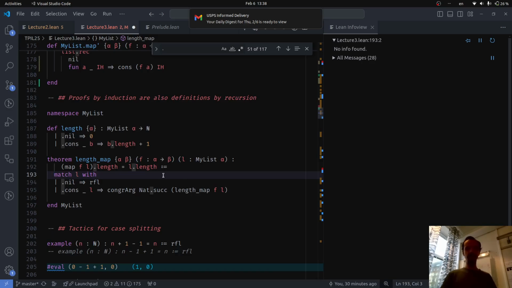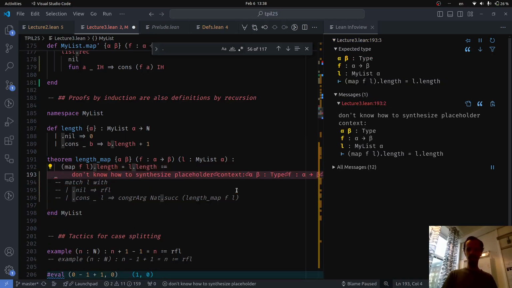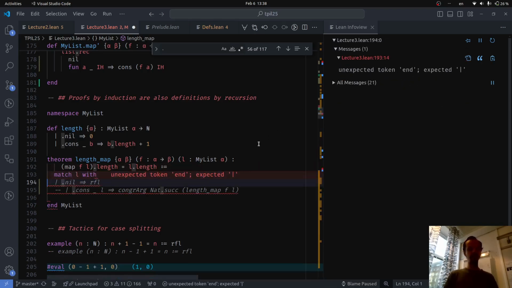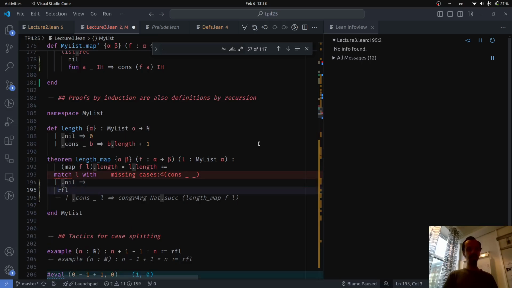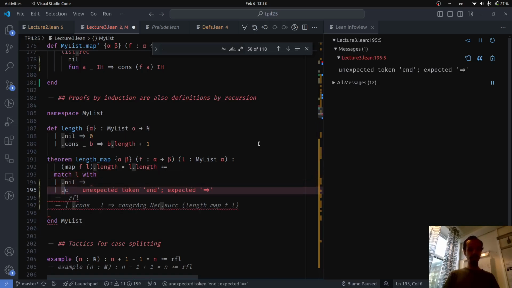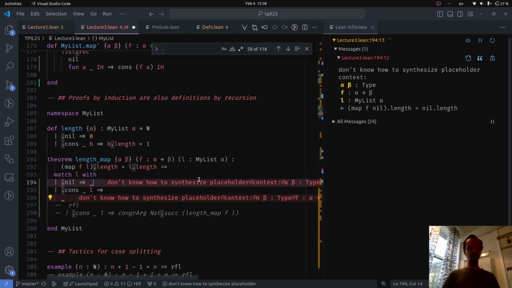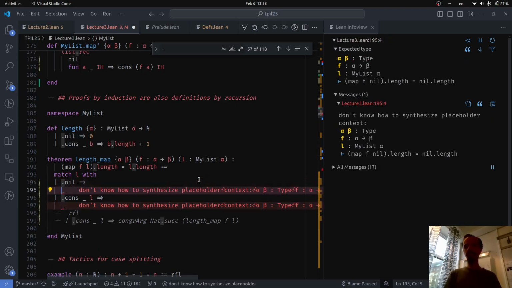So here, our goal is actually, I can't actually see it, but the goal here is to prove (map f l).length is l.length. And so I can pattern match on l, and then I get two subgoals. Okay, so just sort of filling out the holes here.